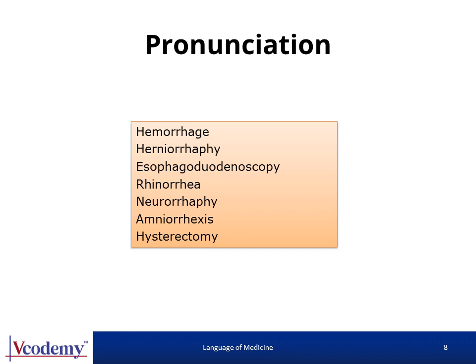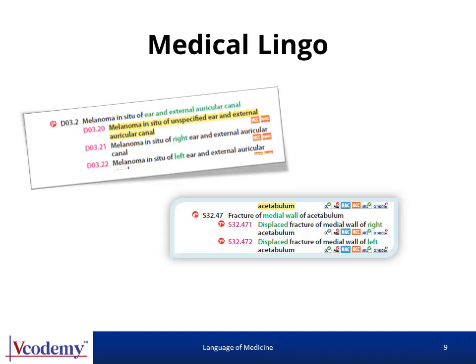For an example, hemorrhage, herniorrhaphy, esophagoduodenoscopy, commonly called EGD, rhinorrhea, neurorrhaphy, amniorrhexis, hysterectomy. When you cannot pronounce a certain word, it's quite new to you, just break it up into prefixes, root, suffix. It'll be easier for you to read it out.